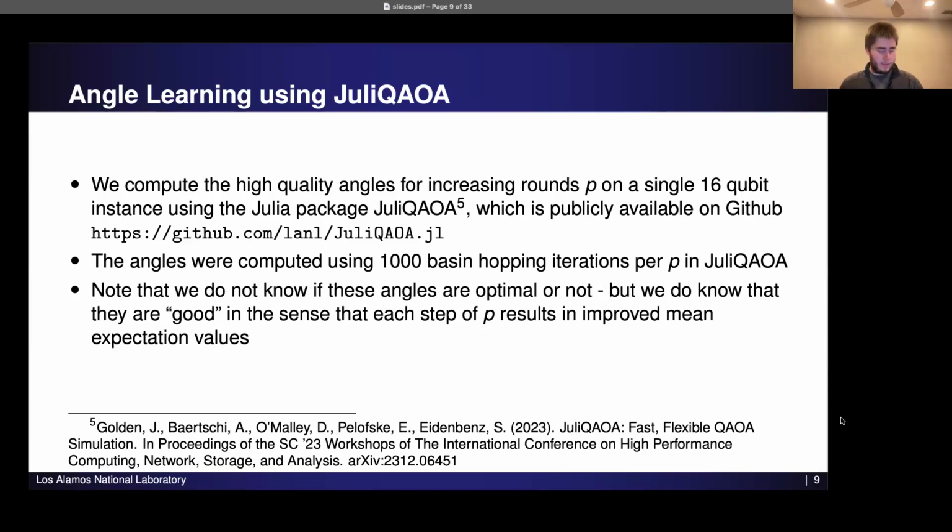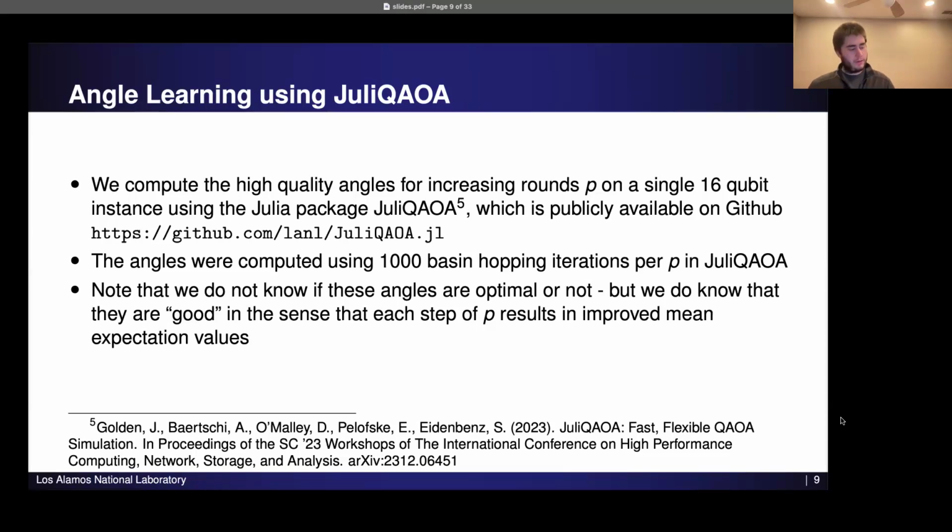I can say this is the best QAOA angle finding tool I've used. In particular, we compute for each P on a 16 qubit instance, just a single one, as good of angles as we could find using 1,000 basin hopping iterations. If you're interested, this tool is publicly available on GitHub.